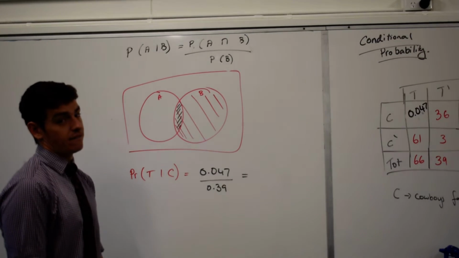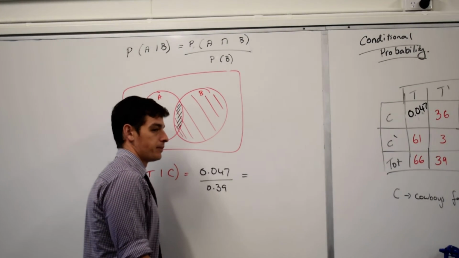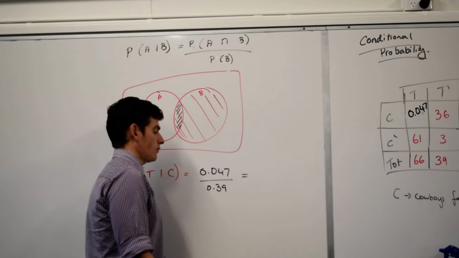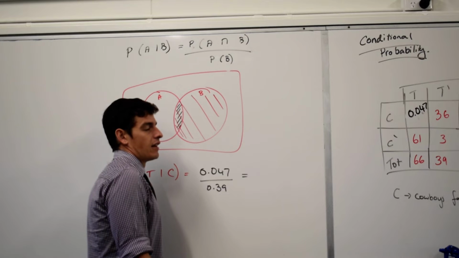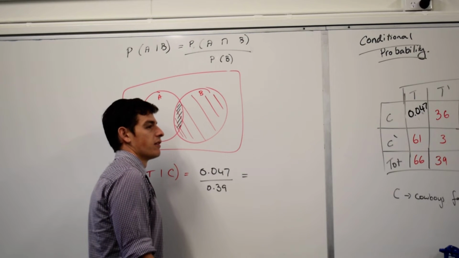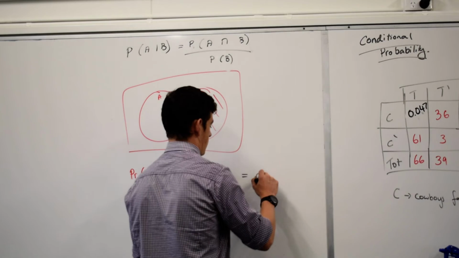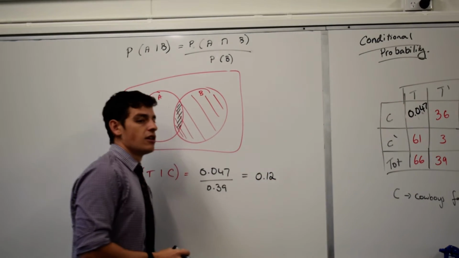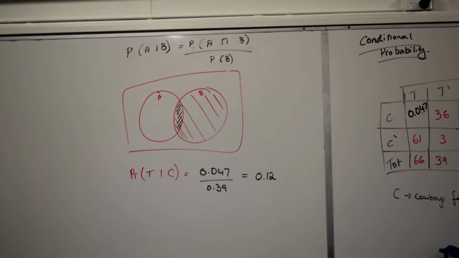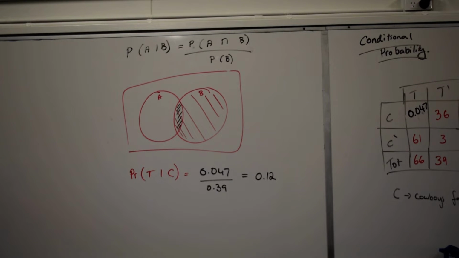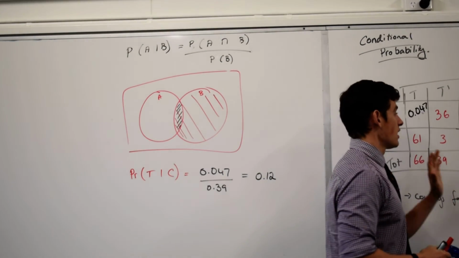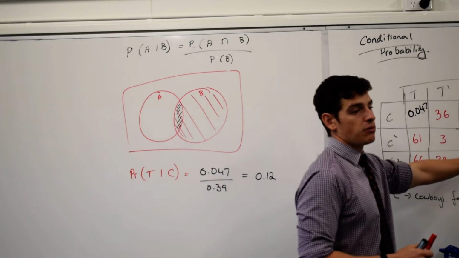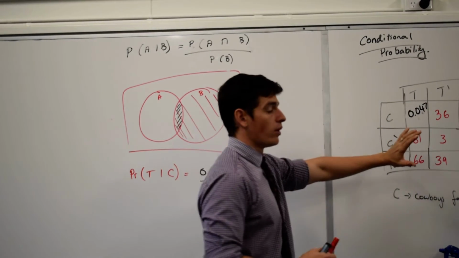What is it? 0.047 divided by 0.39. Yep, hit the SD button so I can get it into decimal. 0.12. I see what you're all saying now. So that's 0.12. If I put 5 over 41 in, what do I get? 0.12. So we would expect to get the same regardless of whether this table is represented as a decimal or in their whole number value.